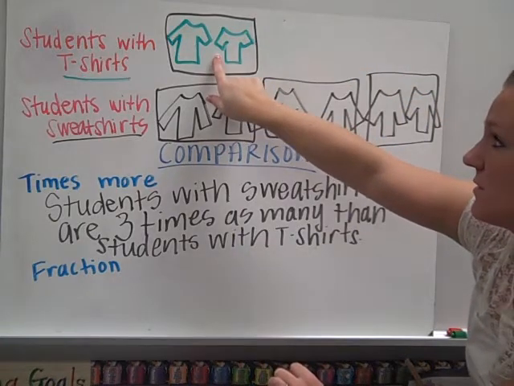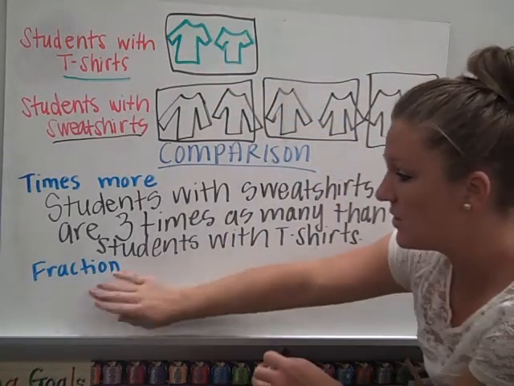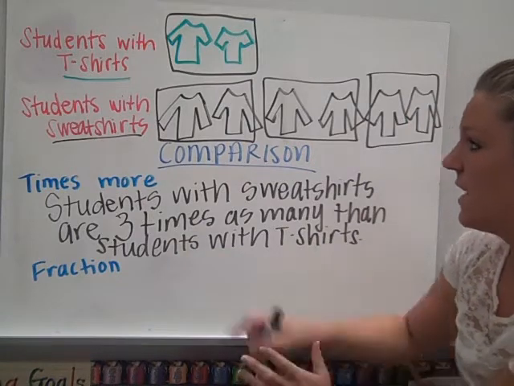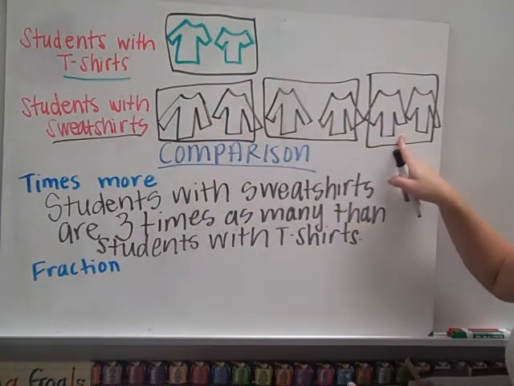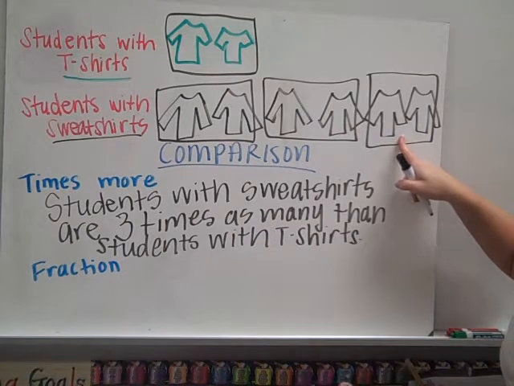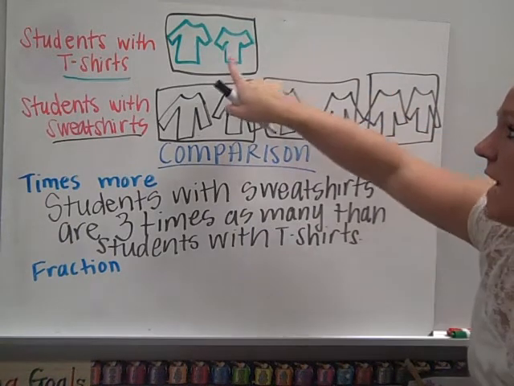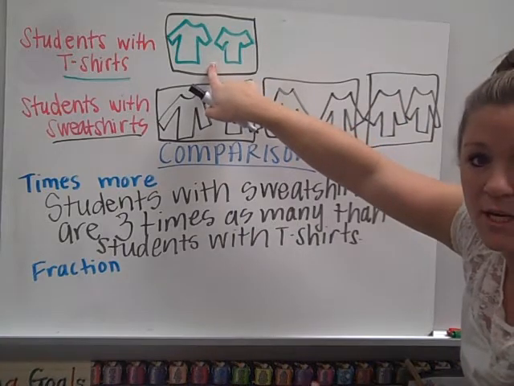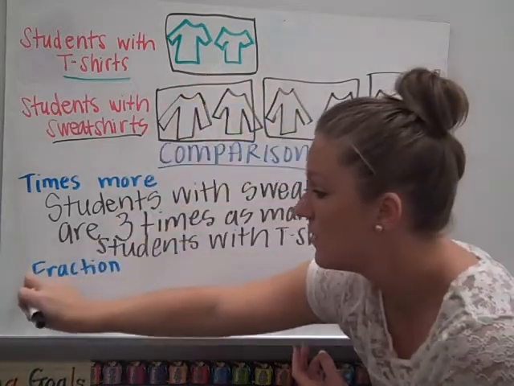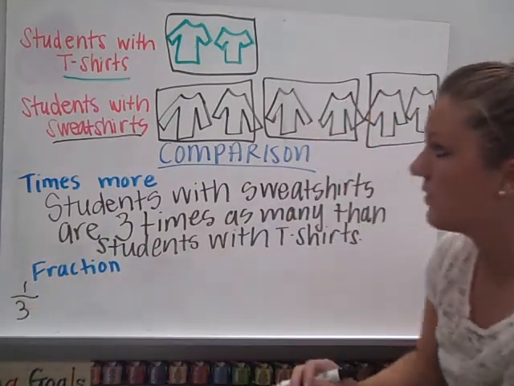Now again, to determine the fractional piece, I see I have 1, 2, 3 groups in all. So this is going to be my denominator. And that the t-shirts only has one of those groups. So I'm looking at a fraction of 1 over the 3 total.